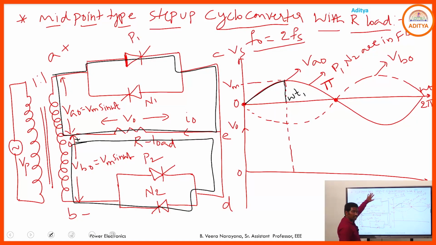Observe, if P1 is in the on state, the current flows through the circuit from E to O, which is positive. If N2 comes into the picture, the current flows from O to E, which is in the opposite direction to the previous one. In this manner, the current flows through the circuit, and the output voltage simply equals VB0. What is VB0 here? You follow this one. So, this is omega T1.